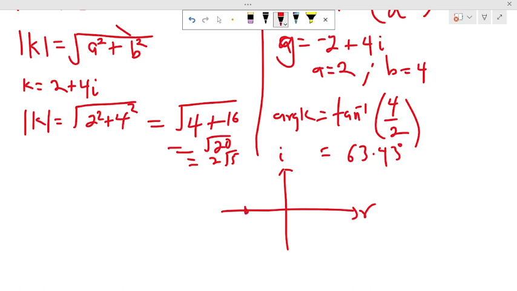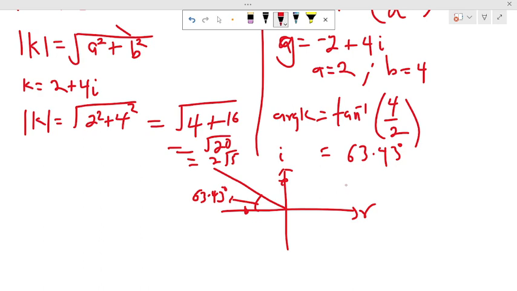Then for the imaginary part, we have +4, which is going to be somewhere here. So therefore, our graph is going to be in this axis, right? With our 63.43 being here. So this portion is 63.43 degrees, right?